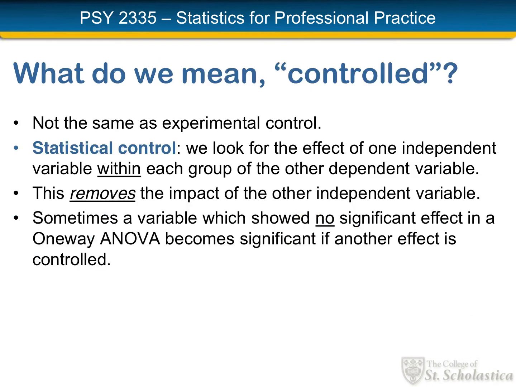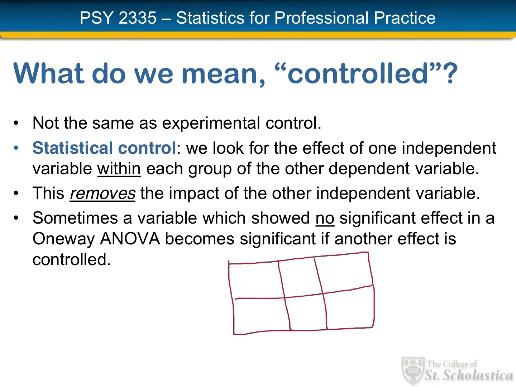I've used the phrase control several times, saying that I'm looking at the impact of one factor controlling for the impact of another factor. It's not the same as an experimental control. In statistical control, we're looking at the effect of one independent variable within each group of the other independent variable. So for instance, if I look at the impact of age, I'm going to say for everybody who got the control treatment, there were 100 in each setting, within the control group, do I see differences by age?